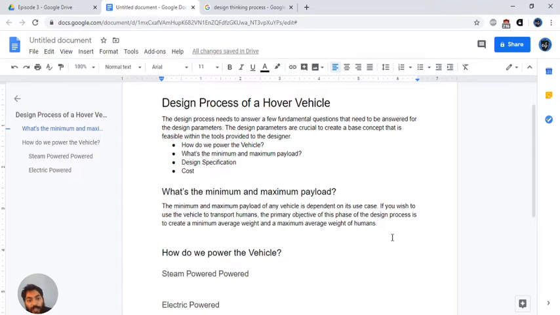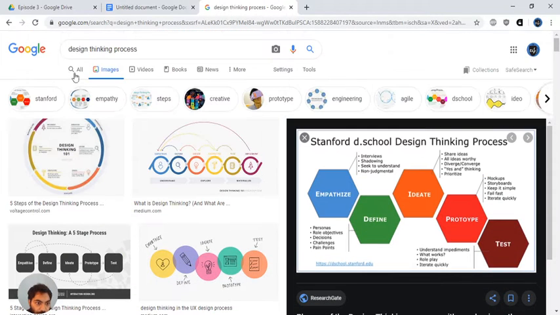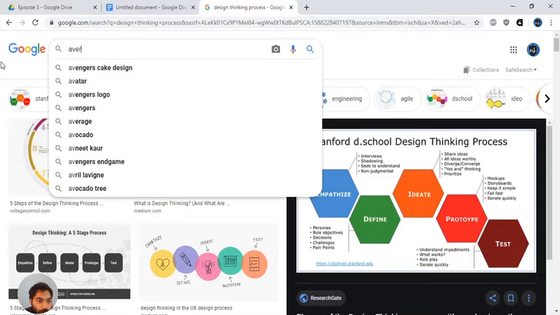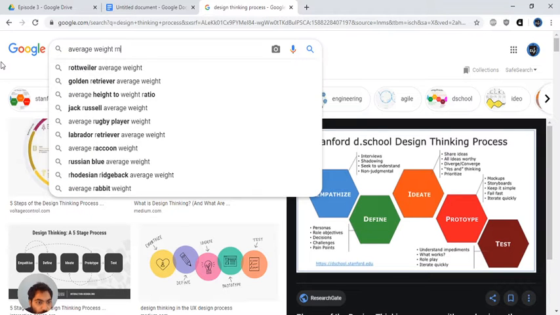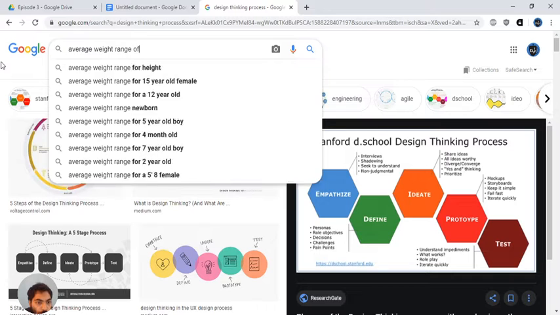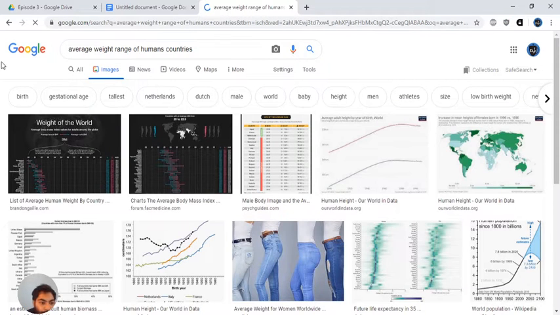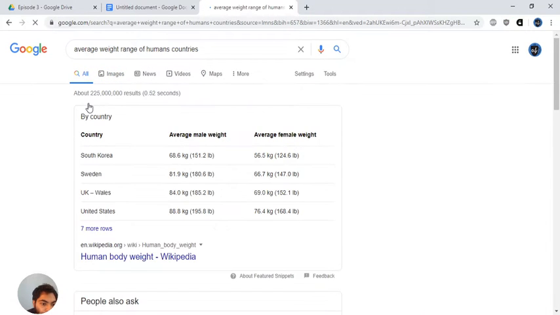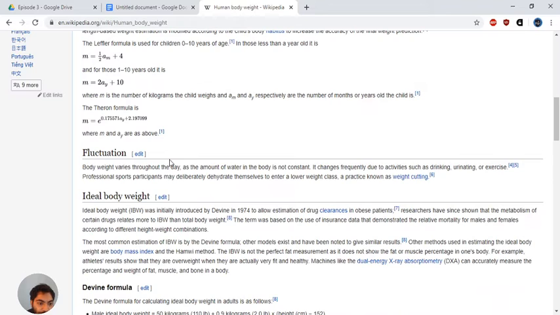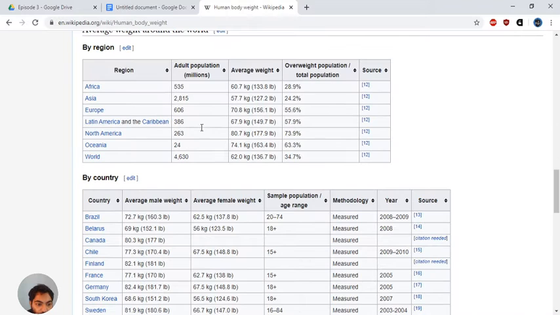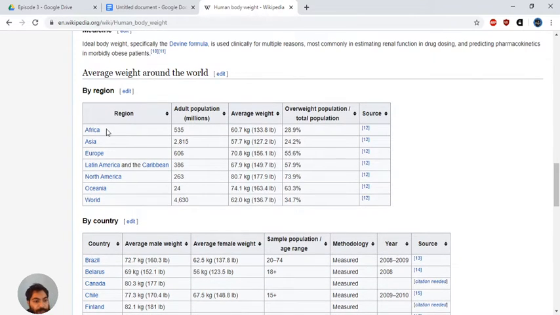That is the average weight range of humans in different countries. Body weight. The thing about it is they have given a lot of data by region. Yeah, this will be easy.